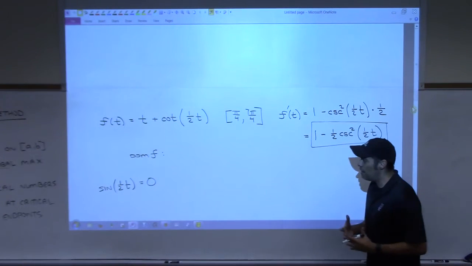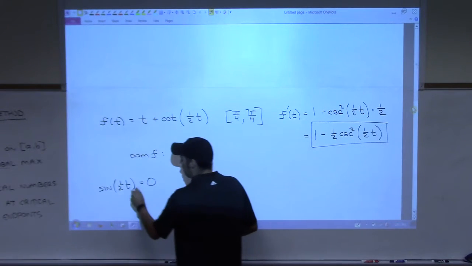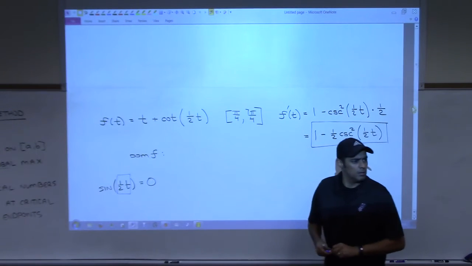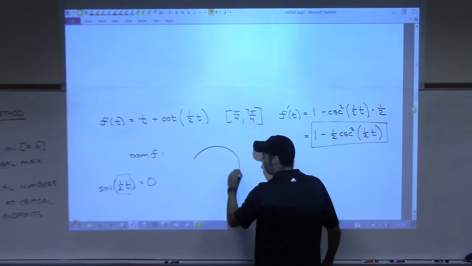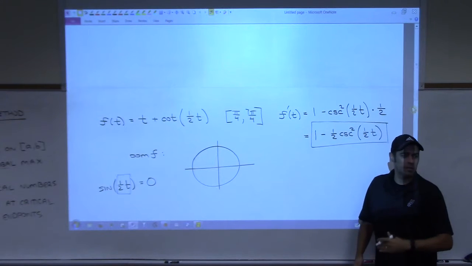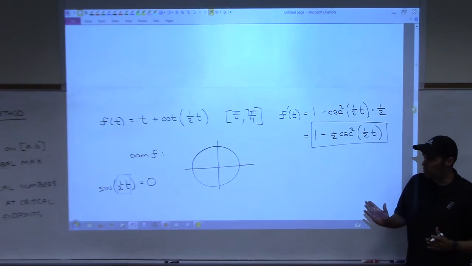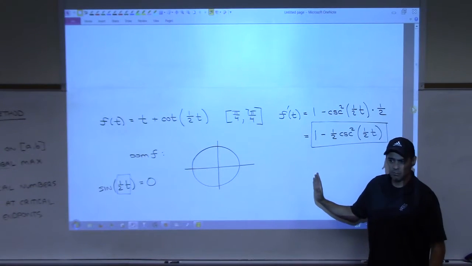The way that I show my pre-cal students to solve this is to say, look, this is sine of this, right? Forget that. That's an angle, right? Everyone agree that's some angle? And sine, if we go to the unit circle, is always the y-coordinate of the point that you're on, right? Sine is the y-coordinate. So where's the y-coordinate 0 on the unit circle?